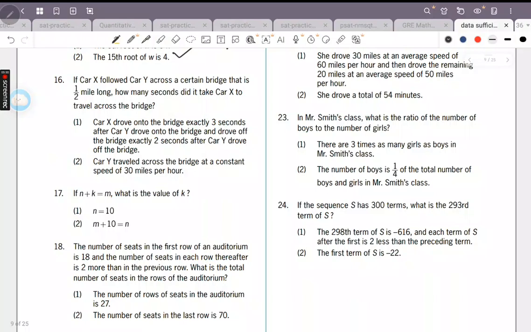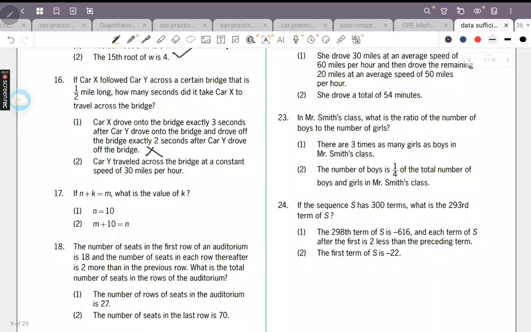Car S drove onto the bridge exactly 3 seconds after car Y drove onto the bridge, and drove off the bridge exactly 2 seconds after car Y drove off the bridge. Okay, so certainly, if we know Y, we will know S. If we know S, we know Y. But here we know neither S nor Y, so this is not sufficient.